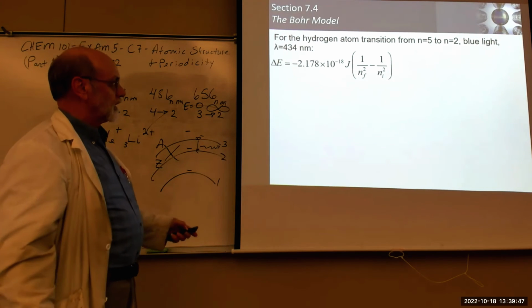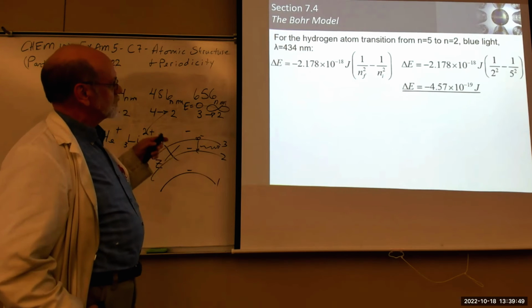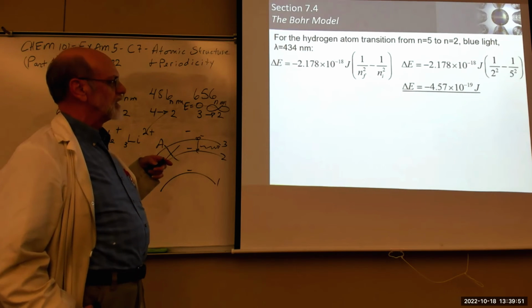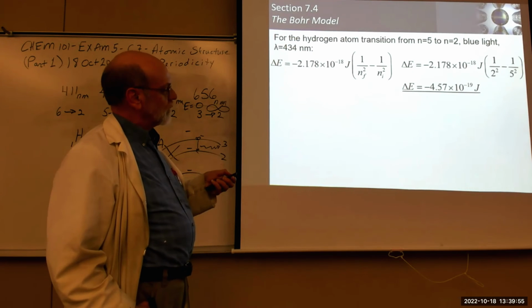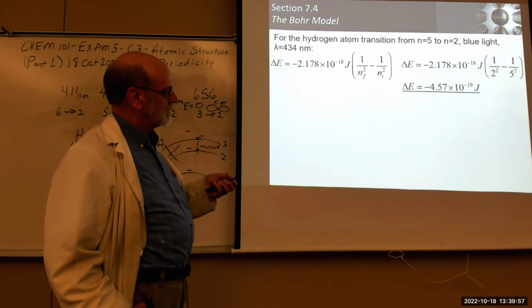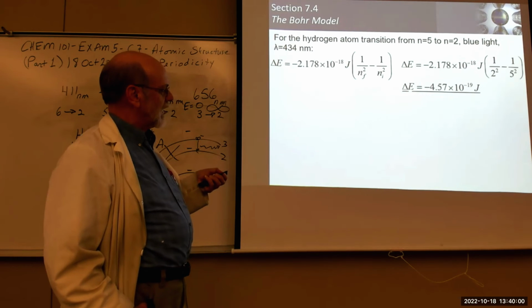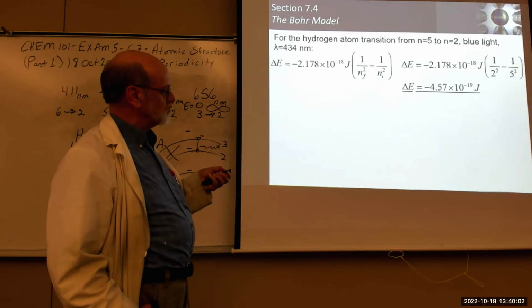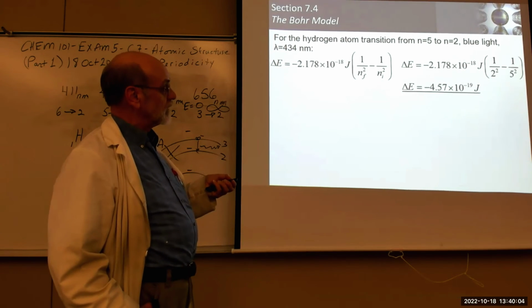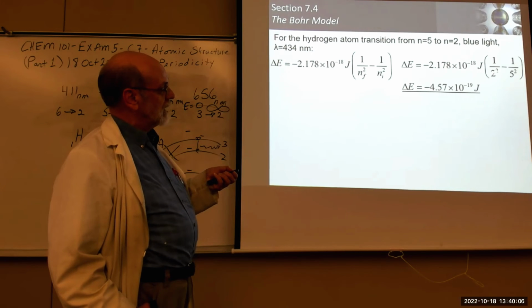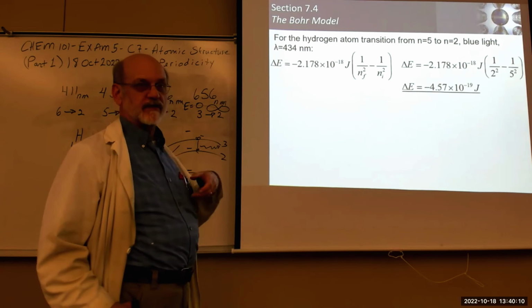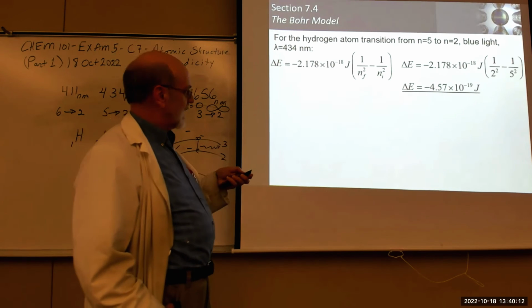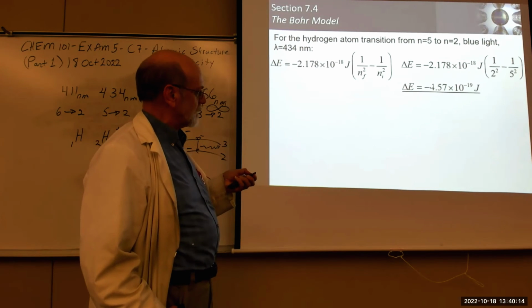Okay, so if here's our formula, and the transition is from 5 to 2. 2 is the final, 5 is the initial. So 2 is going to be the final, initial will be 5, and the change in energy is this many joules. And we know that it went from high energy to low energy, so it's giving off energy. And that gives us a negative value.